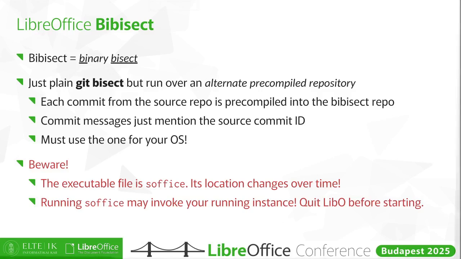And also that you close your running instance of LibreOffice, because you may try to run soffice and it will bring up the currently running one. And you will be like, hey, what's happening? I'm not testing. I'm getting weird results. Yes, you're testing the same version all over, once and again, because it's the one that is running. So just close LibreOffice. There are other ways to do that, but for beginners, just close it.